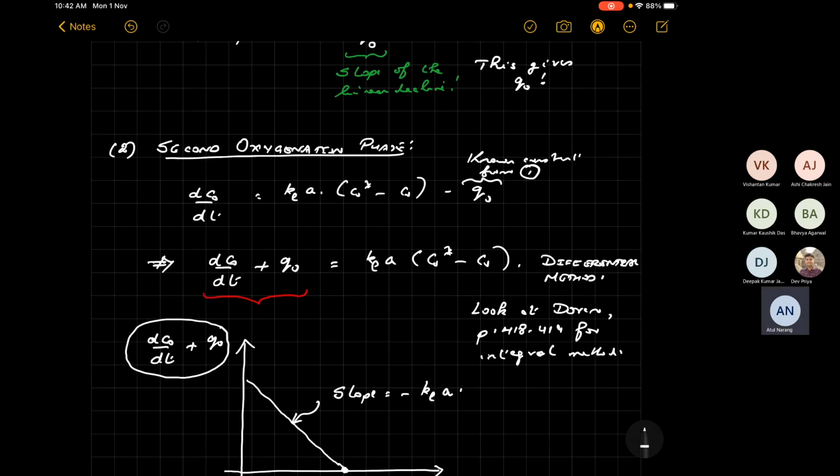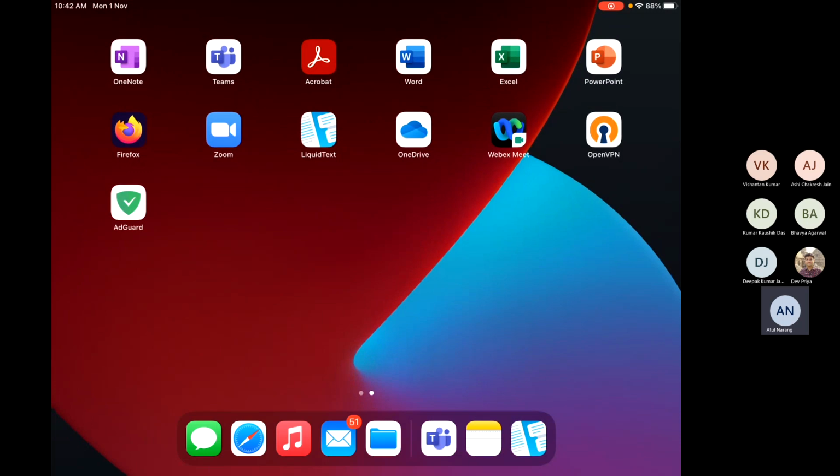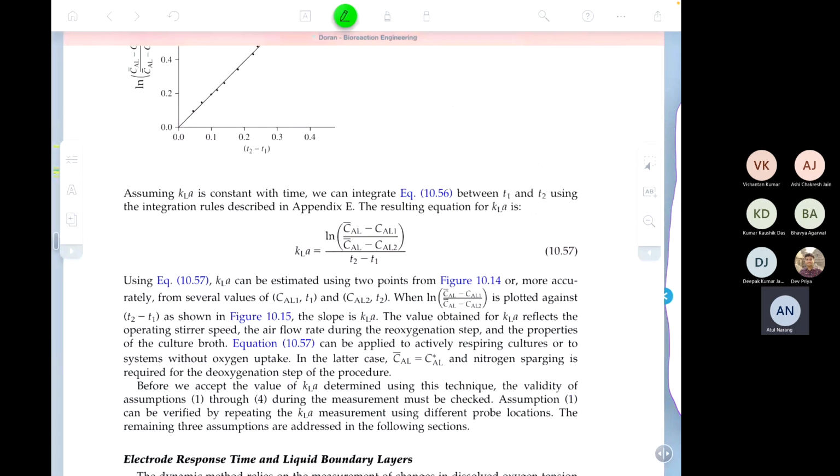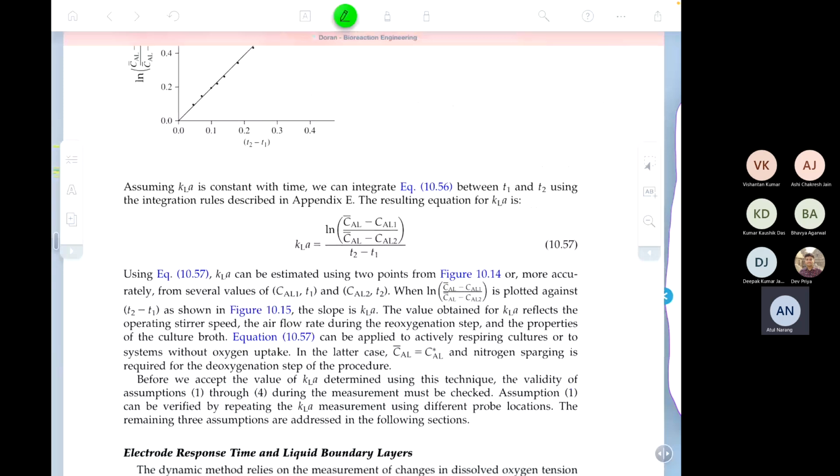And this is the formula you get. So she integrates it out. This equation 10.57 is the one she gets, where the CAL bar represents the steady state concentration, I guess, after you have reached steady state.